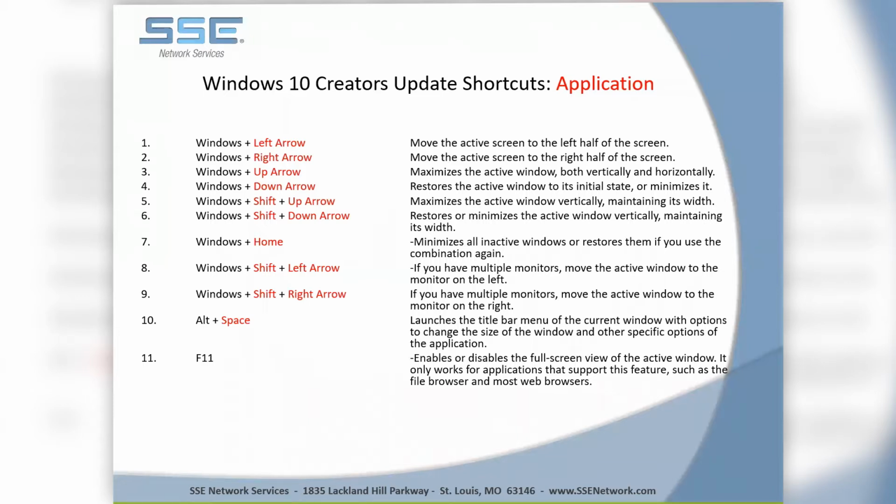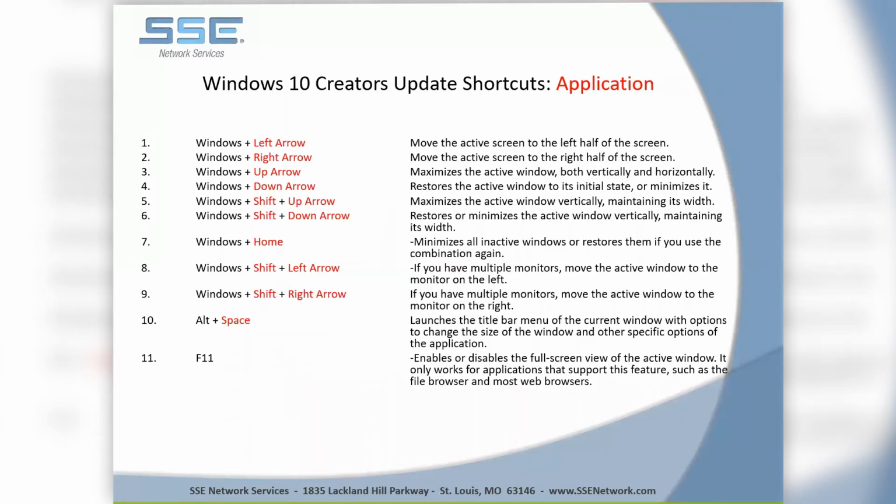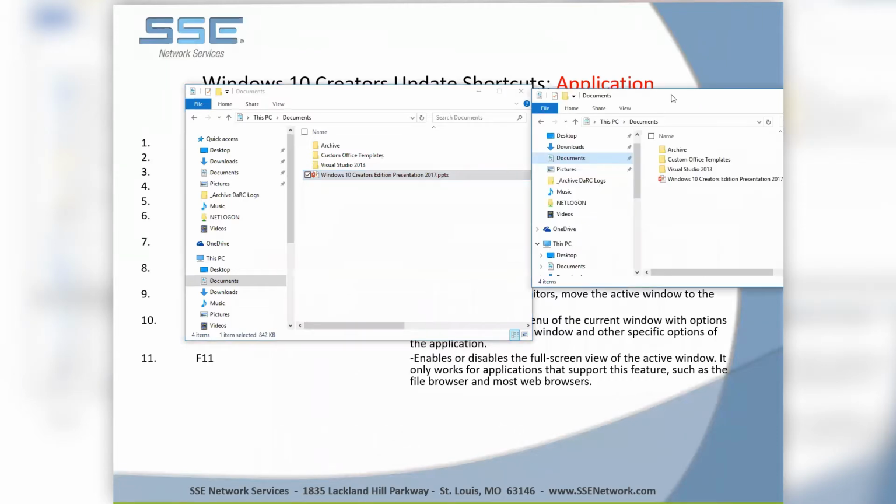Going further now, keep in mind that these that we just looked at were related to the desktop. Now going over to the next one, these are related to applications. I don't know if you've ever had the case where you have two applications open and you're trying to figure out an easy, quick way to get these lined up.